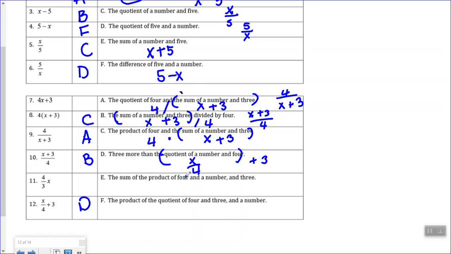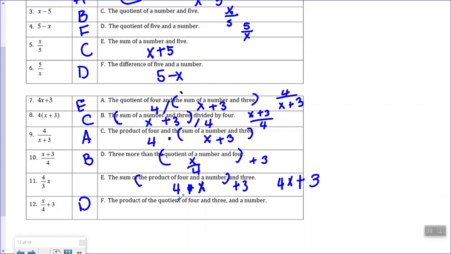The sum of the product of 4 and a number and 3, so the product of 4 and a number is 4 times x, sorry, it's 4x, and then you add 3, so it's 4x plus 3, so it is number 7.